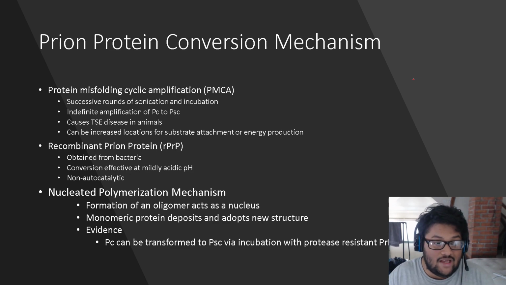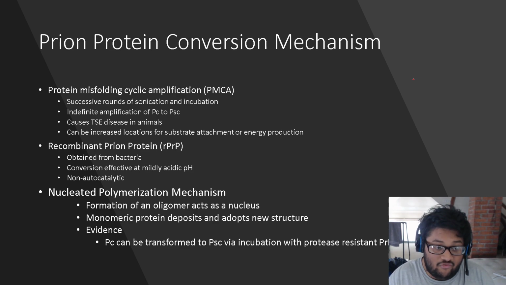Lastly was the nucleated polymerization mechanism, which showed that oligomers needed to be created because they act as a nucleus for these monomeric conversions from PC to PSC. And what they said was that PC gets deposited within the nucleus, and the nucleus provides the energy to help it adopt the new structure.